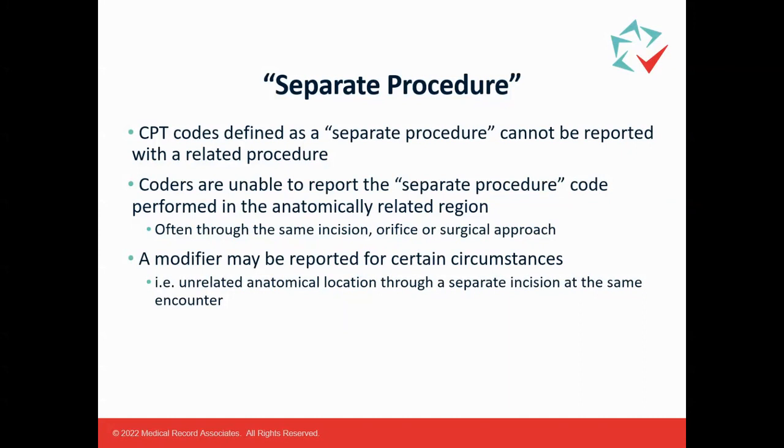So coders are unable to report a separate procedure code performed in the anatomically related region. Often this is done through the same incision, orifice, or surgical approach. A modifier may be reported for certain circumstances. For example, an unrelated anatomical location through a separate incision at the same encounter. Then you may be able to report this separate procedure separately.